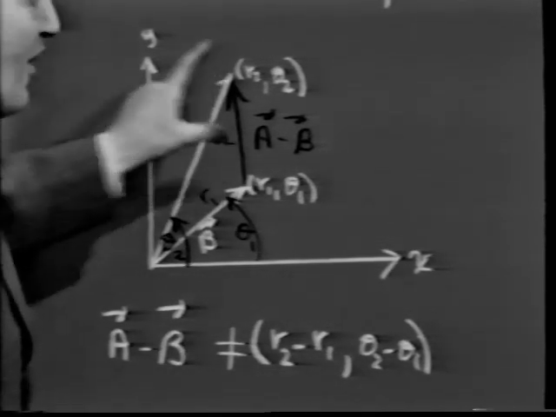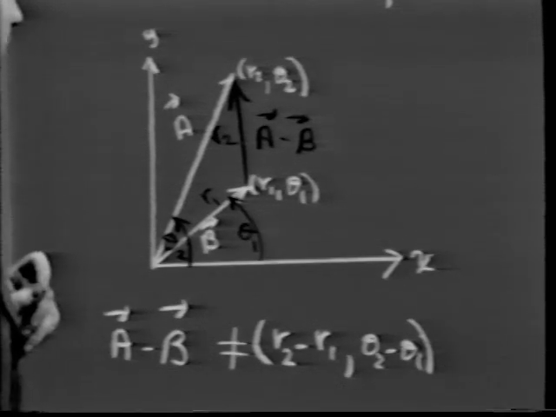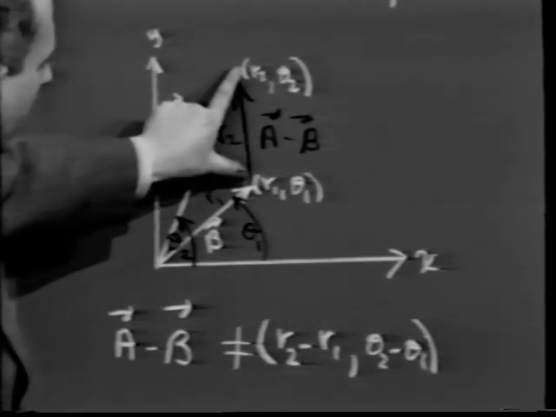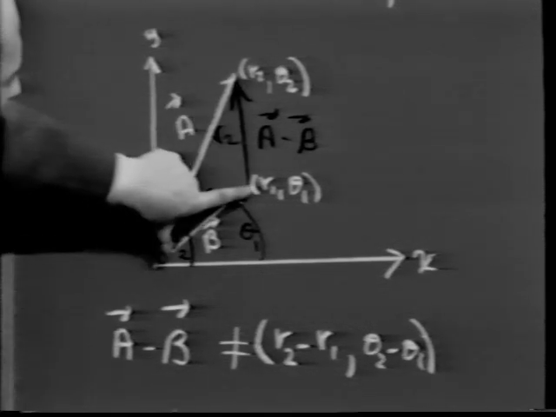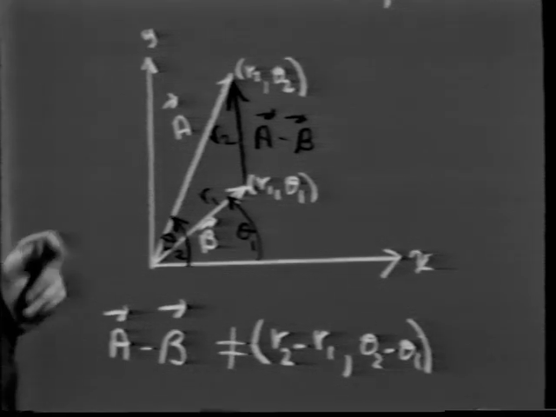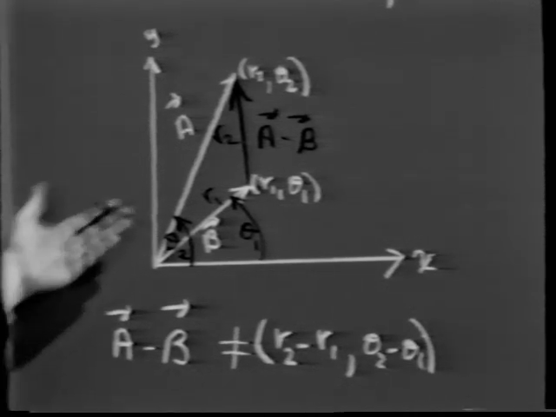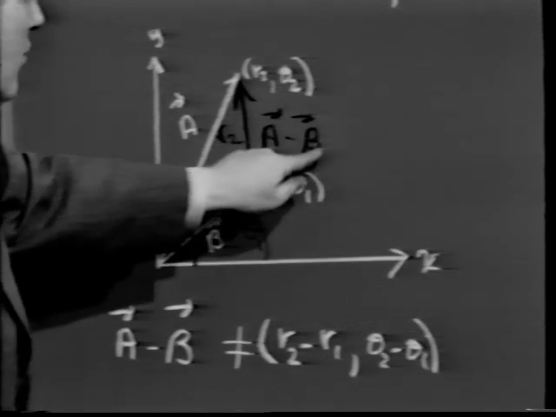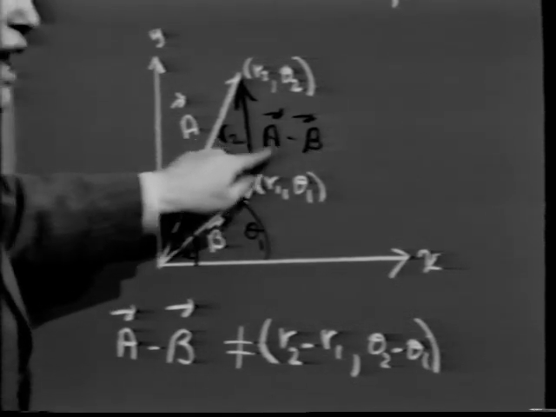But notice again the structure of vector arithmetic. If you look at addition, what is this vector here? This is the vector which must be added on to B to give the vector A. And that, by definition, is called what? A minus B. A minus B is what vector? The vector you must add on to B to yield A.